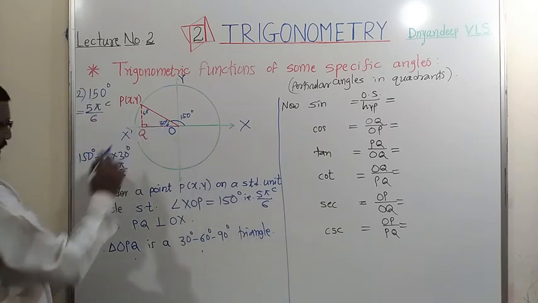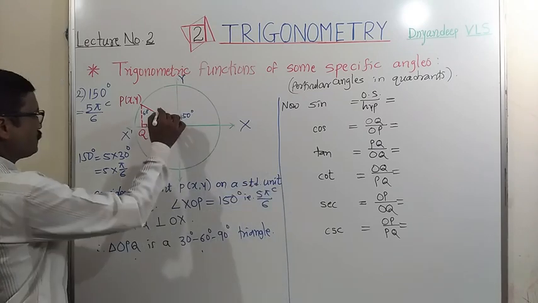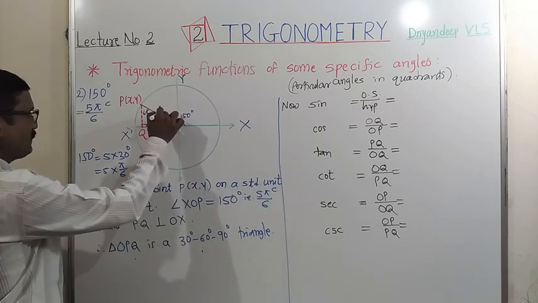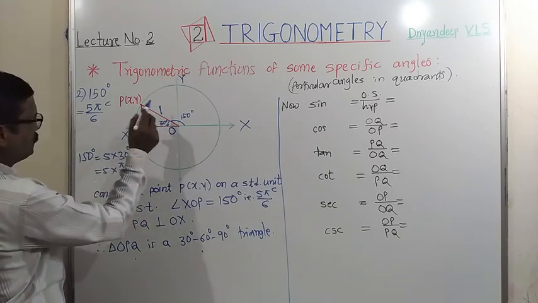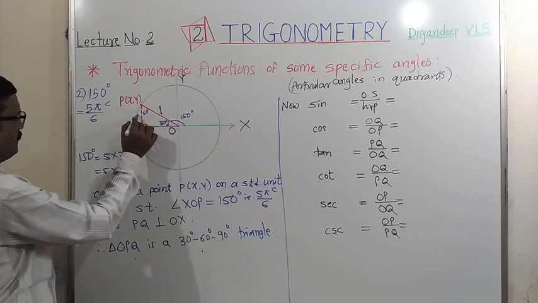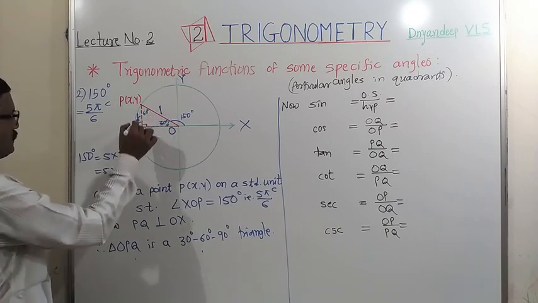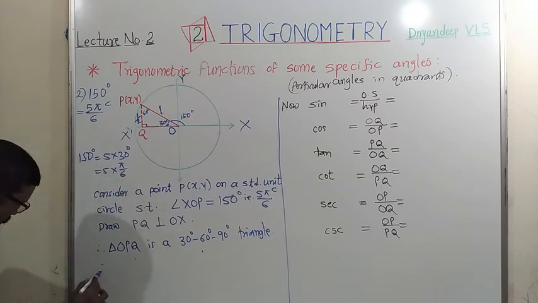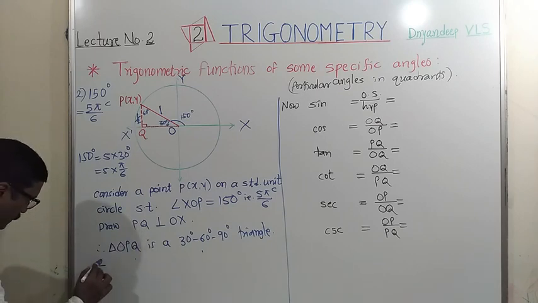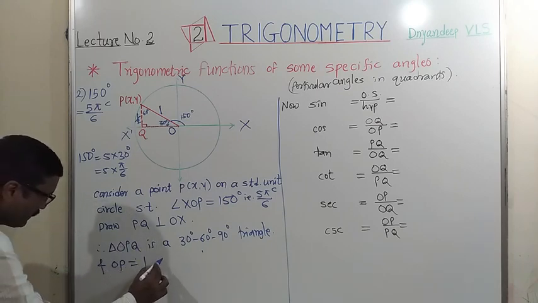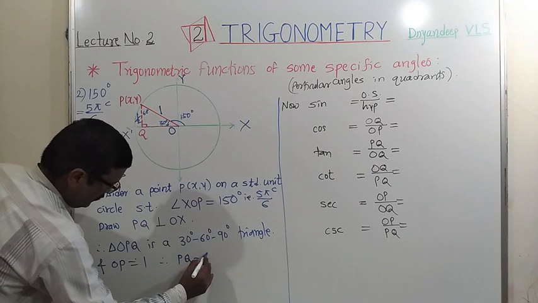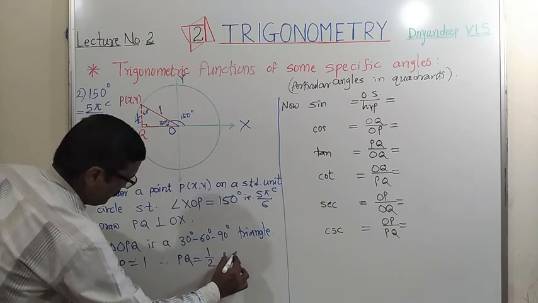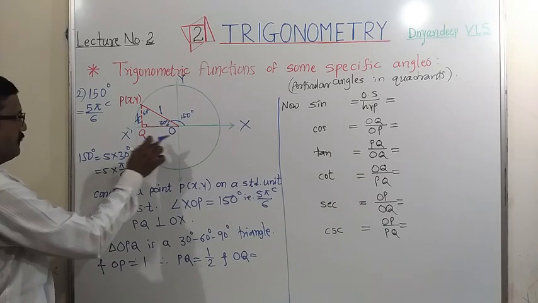Now in this triangle, as this is a standard unit circle, the radius OP is equal to 1. So this 1 is the hypotenuse. The side opposite to 30 degree is half of the hypotenuse, so PQ is equal to half. In this 30, 60, 90 triangle with OP equal to 1, PQ is the side opposite to 30, so it is half, and OQ is the side opposite to 60 degree.